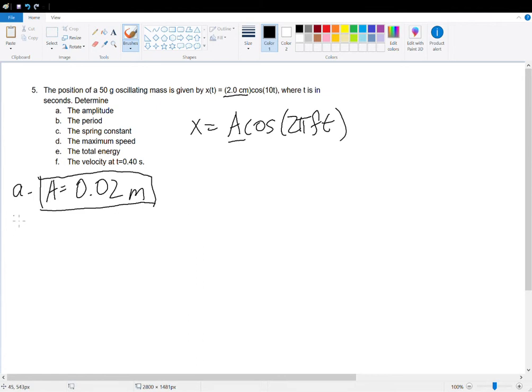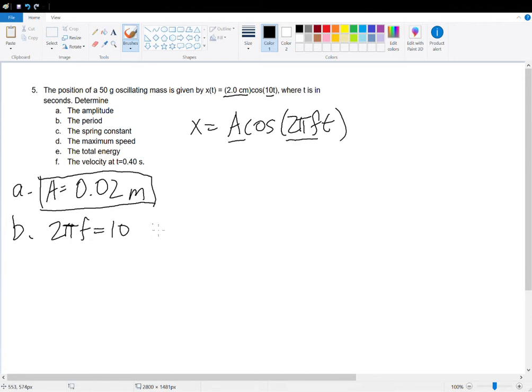Alright, so for part B, we can just look at this equation again. We see that the thing that we're multiplying the t by, the 10, has to be equal to 2 pi f, because you can see that our t's are the same in both. So we know that our 2 pi f has to be equal to 10.